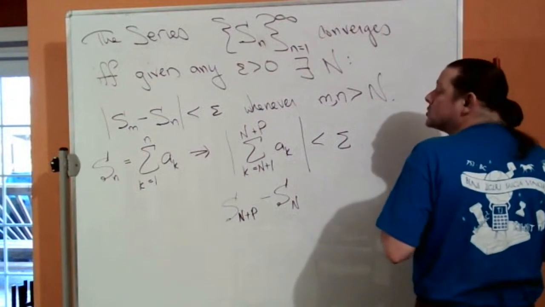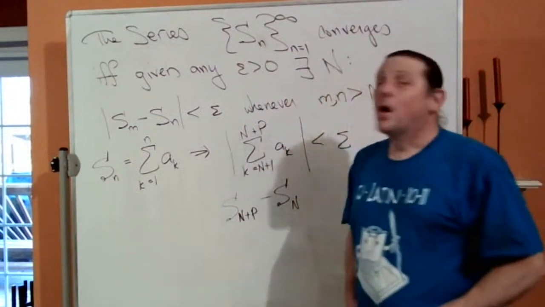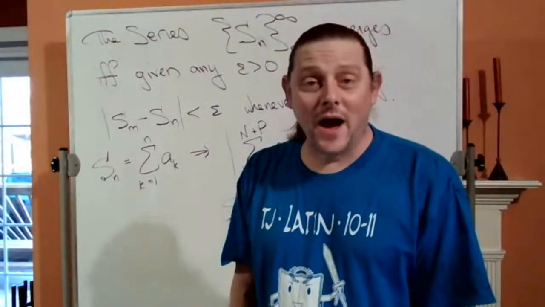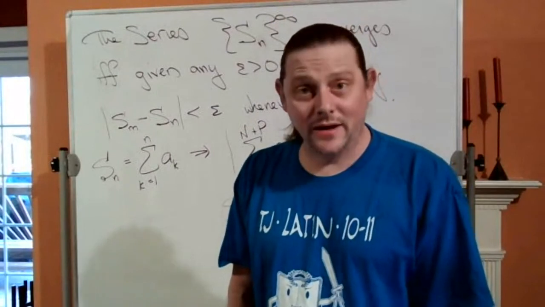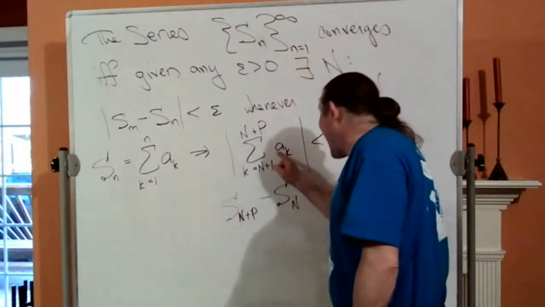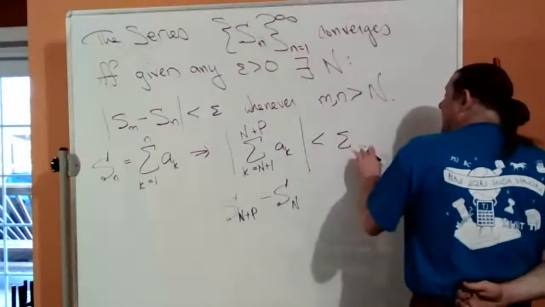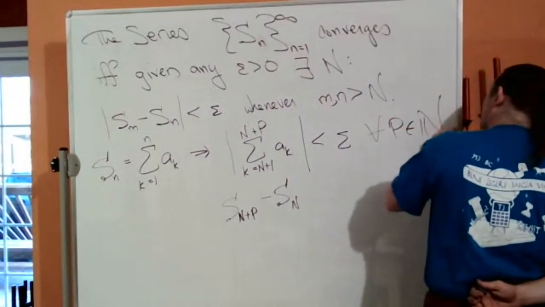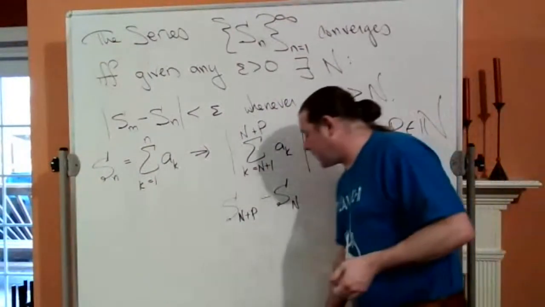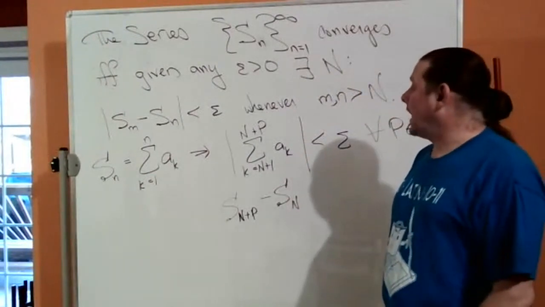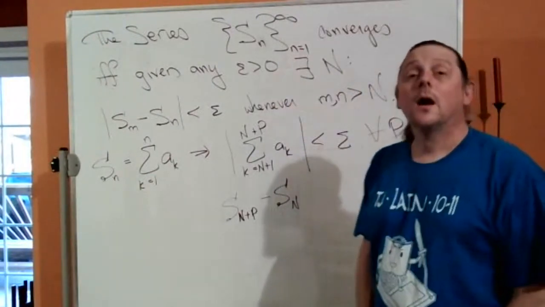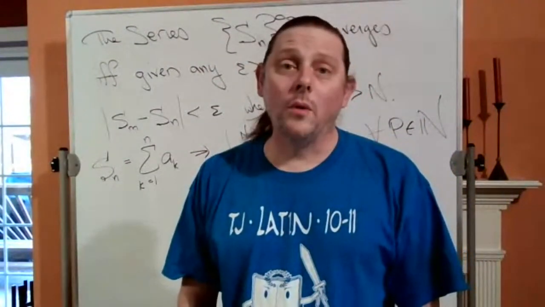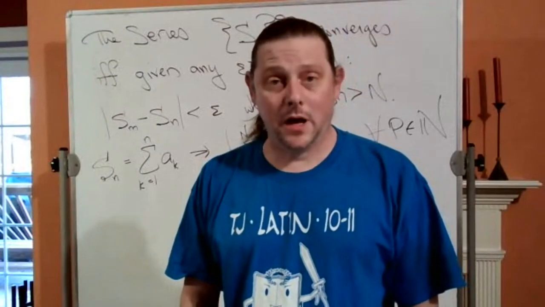Okay? So a series converges whenever, given any epsilon greater than 0, we can find a capital N such that the sum of any number of terms, this P, which can be any natural number, the sum of any number of terms past this given term in absolute value must always be less than epsilon.